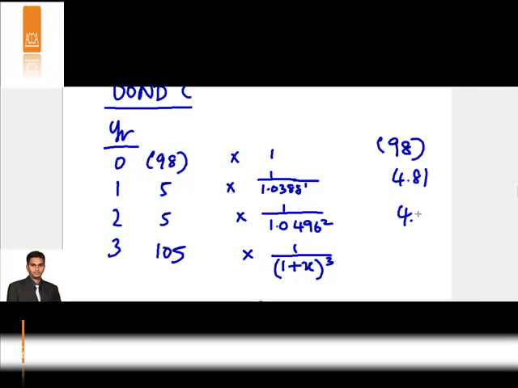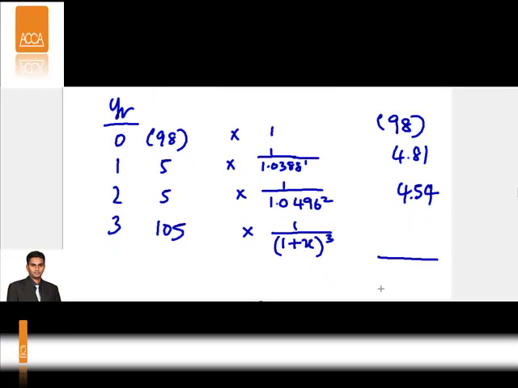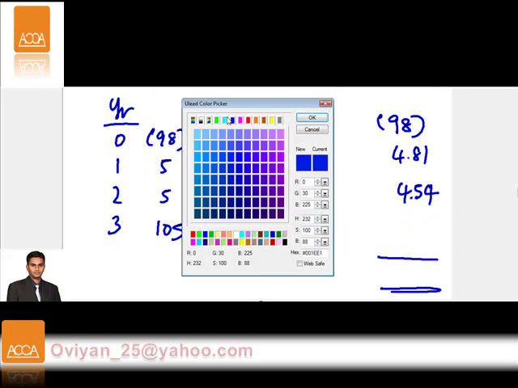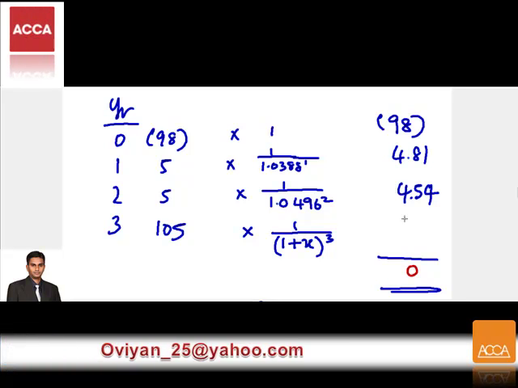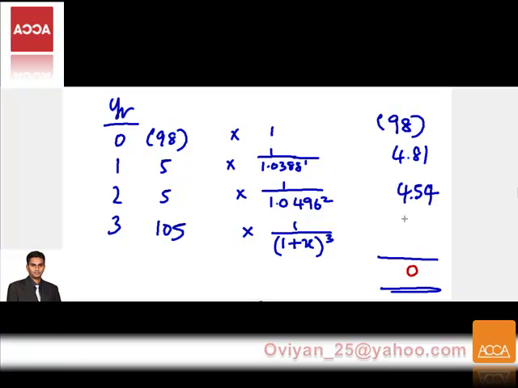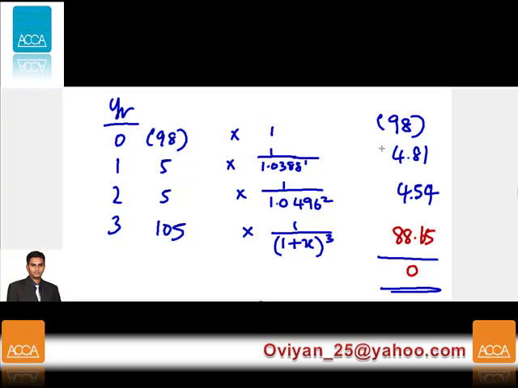The second will give you 4.54, and this last figure, based on the calculation, should be 88.65 because the total must give you 98. Right?